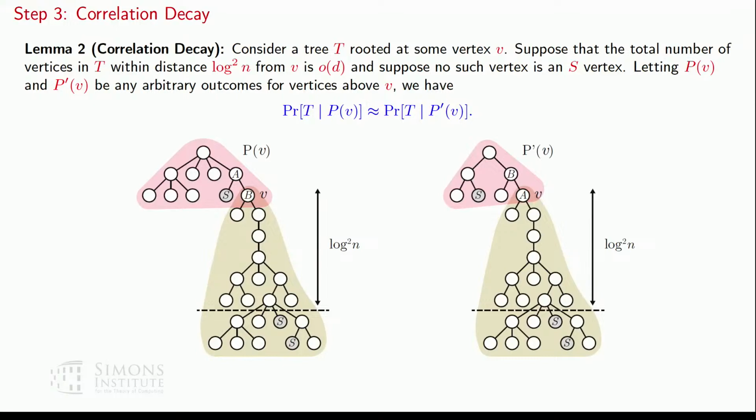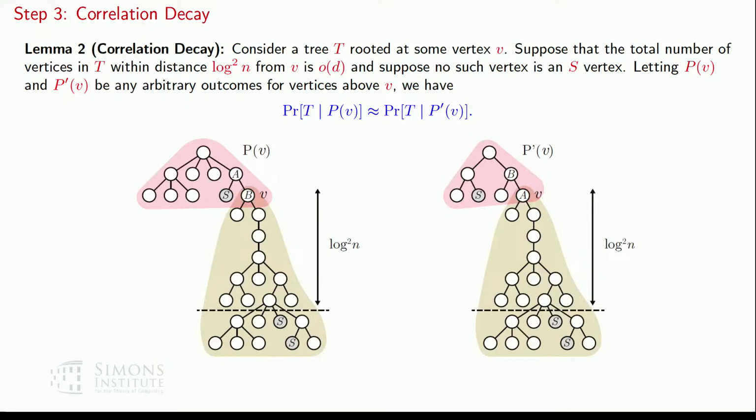So either you query a lot of vertices close to the vertex, and that's going to give you a lot of information about the label of that vertex. Or if you do not, you won't know anything about the label of that vertex.